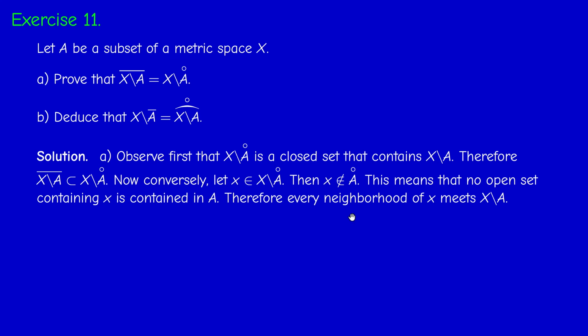So if you call this neighborhood U, there is an element in U not in A. Therefore, this element is in the complement of A. So by proposition 1.8, X is in the closure of X without A, and therefore we have the reverse inclusion.